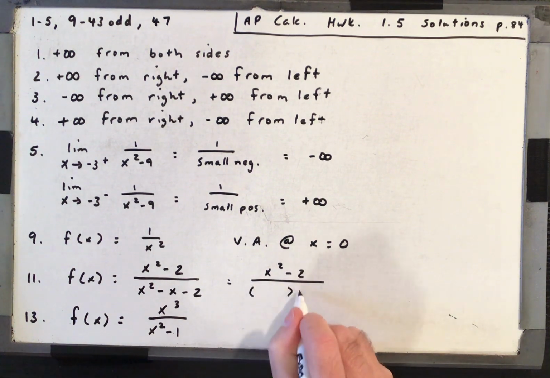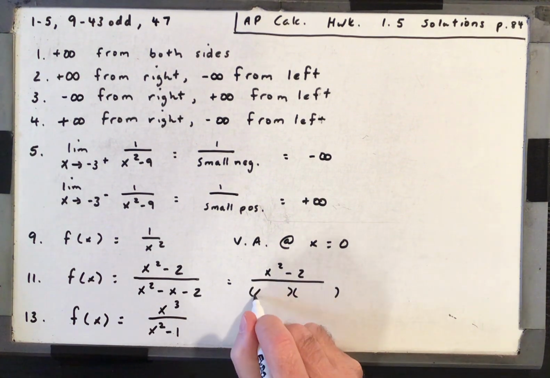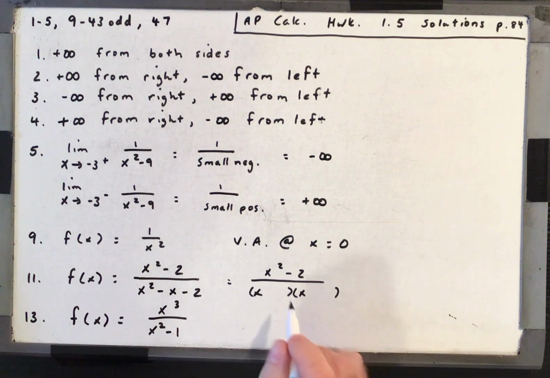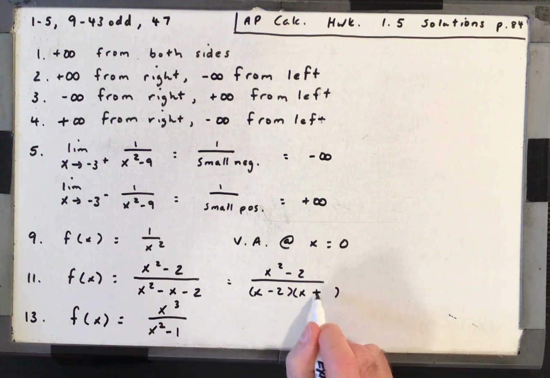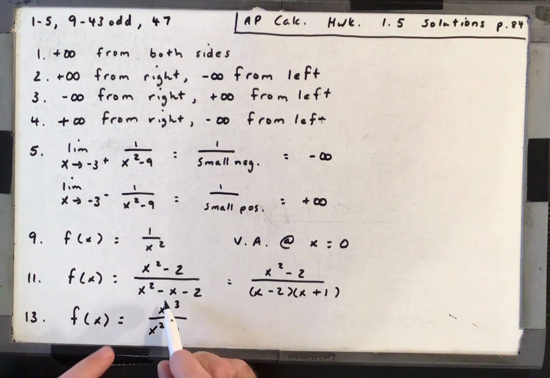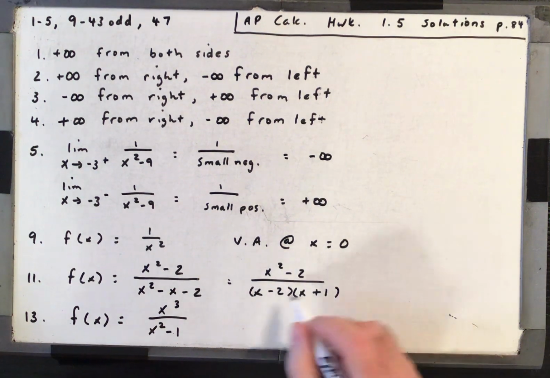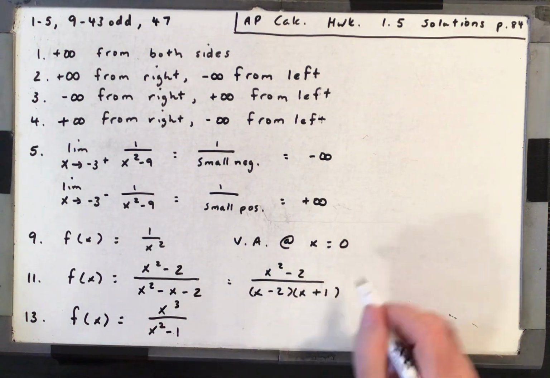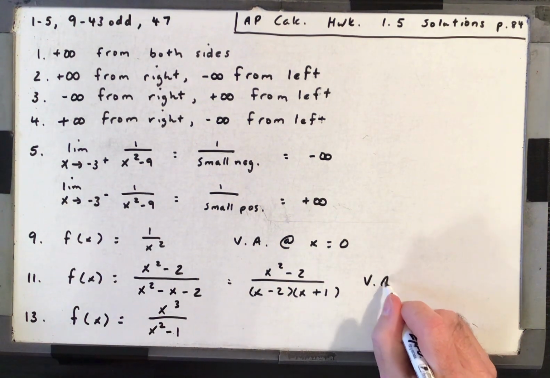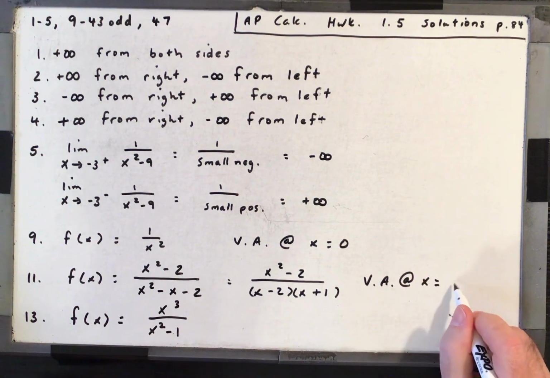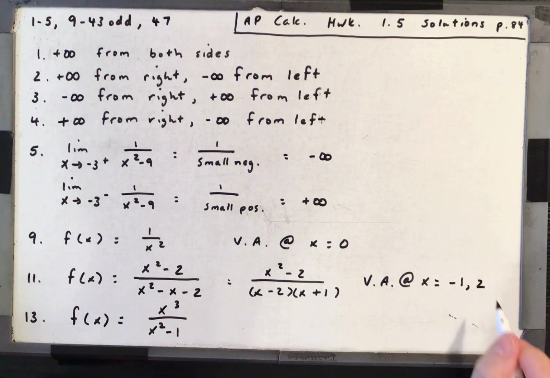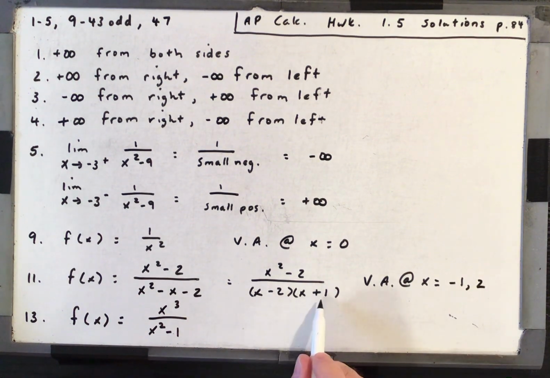We could factor the bottom potentially, x, and then -2 plus 1. So that'd be -x in the middle and then -2. Since you can't cross anything out, the vertical asymptote occurs at x equals -1 and +2, those two x values that make the denominator 0.